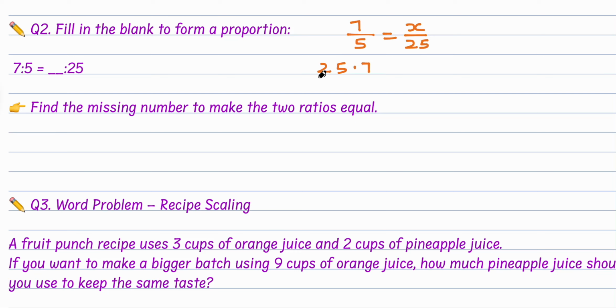So 25 by 7 divided by 5, this is equal to x. Now I am going to use the cancellation technique because both 5 and 25, they are in the same table. So I'll do 5 1s are 5, 5 5s are 25. So that means x is equal to 35.